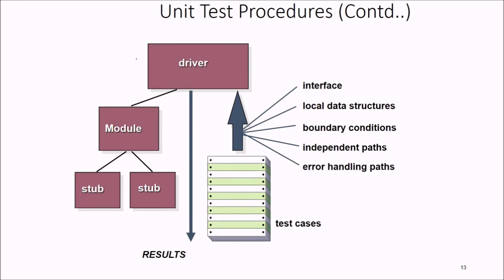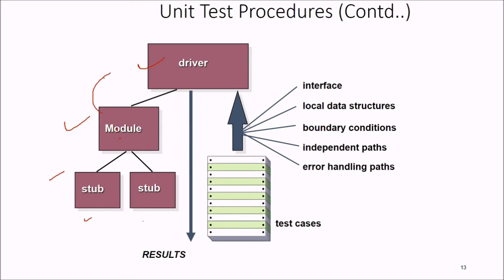So in this unit test procedure, the testing may be performed in terms of stubs and drivers. You want to check this module, but this module is being called by some module, and this module is calling some other modules.